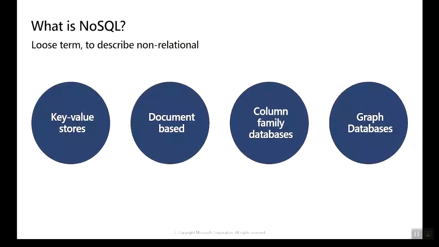Now, a key value store is the simplest and often quickest type of NoSQL database for inserting and querying data. Each data item in the key value store has 2 elements. It's got a key and a value. The key uniquely identifies the item and the value holds the data for that item.